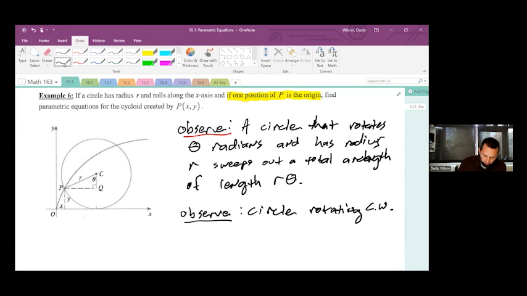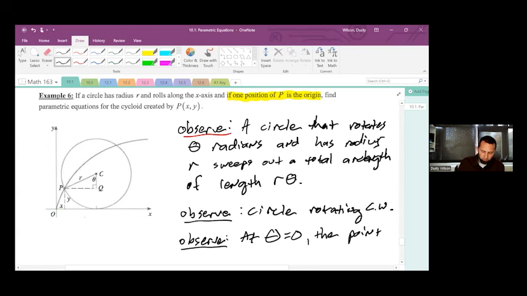So observe at theta equals 0, or time equals 0 if you want, the point P is at the origin.